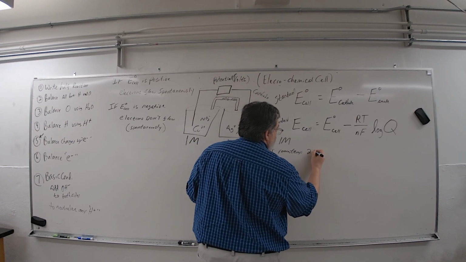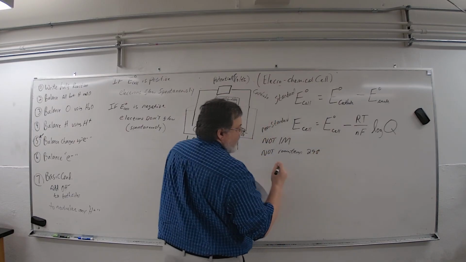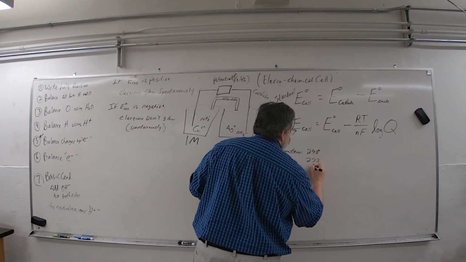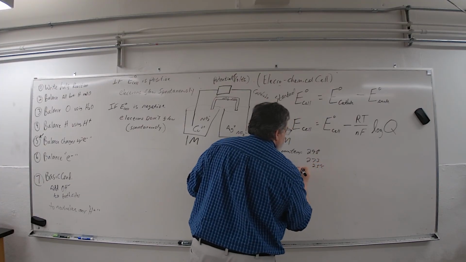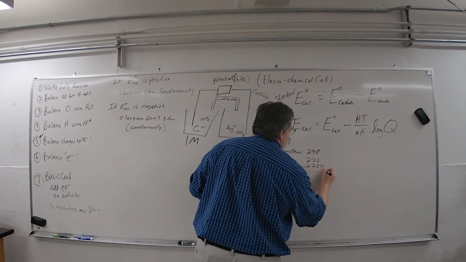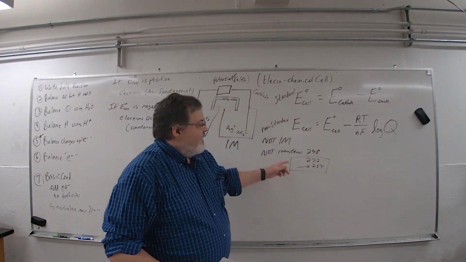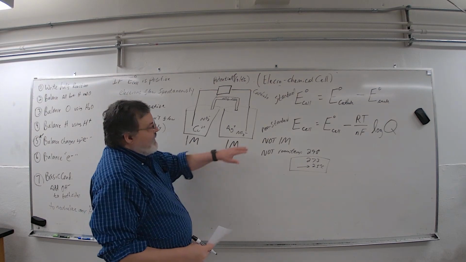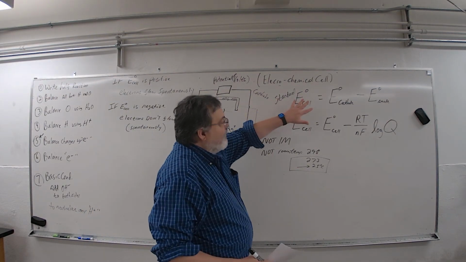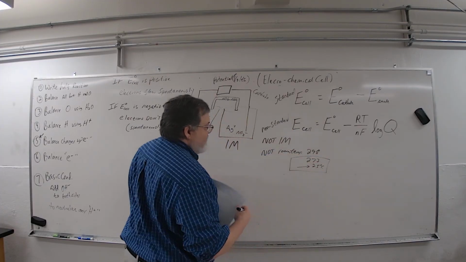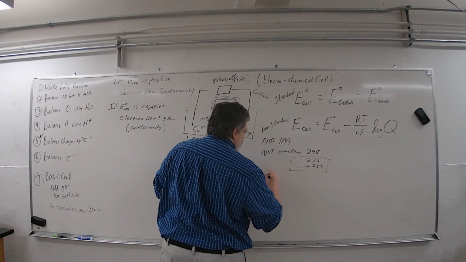Room temperature is 298. That's 273 plus 25 degrees. 25 degrees C is standard temperature, which it has to be in Kelvin for this. So standard here, you were at 298 and 1 molar. If you're not at 1 molar for both of them, you use this.